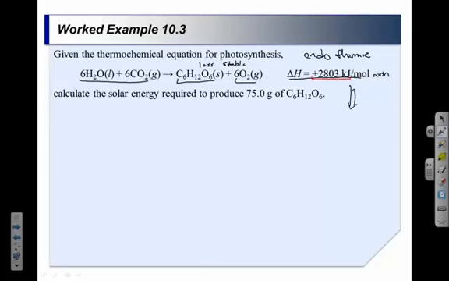That means that 2803 kilojoules equals 1 mole of reaction. So the question here is, how much energy is required? How many kilojoules do I need if the plants are going to make 75 grams of glucose?